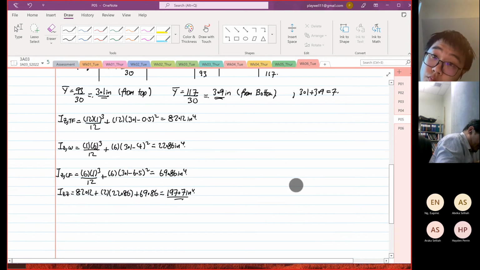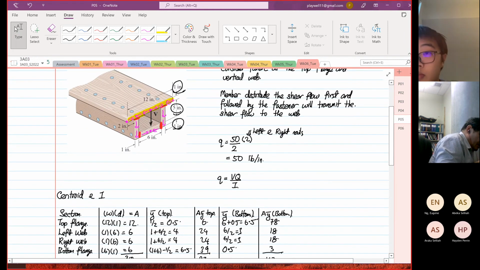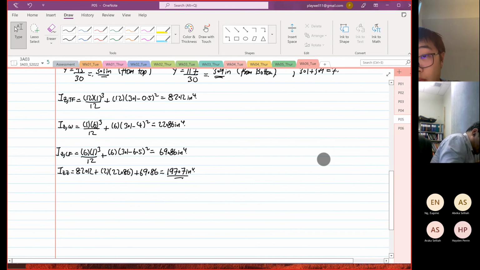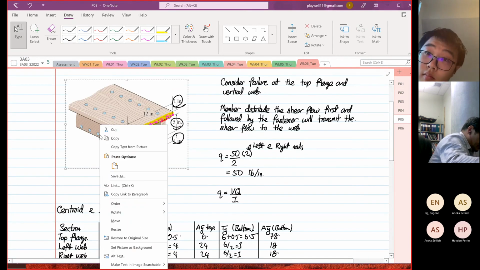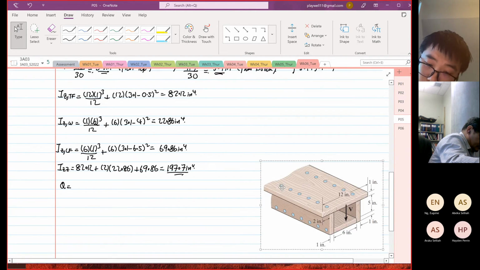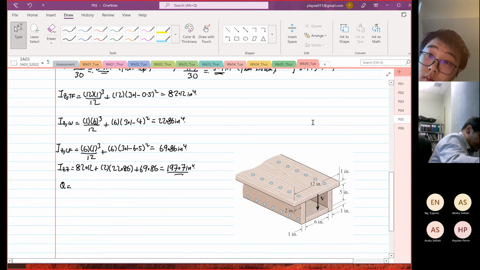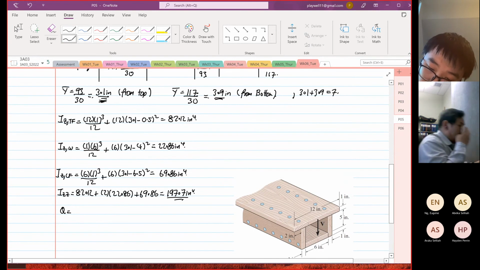Okay, so from here we would like to calculate our Q. Okay, so Q will be equal to, let me get the diagram down. Okay. So we know from the top is 3.1 inch to our centroid.